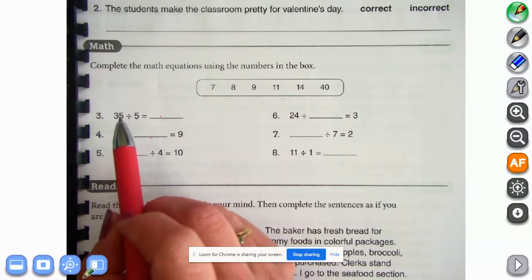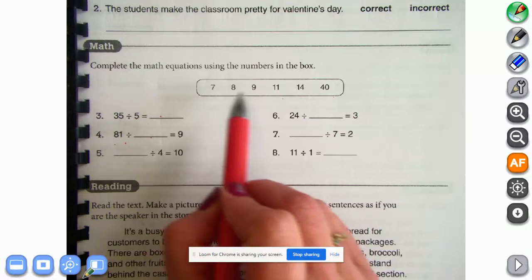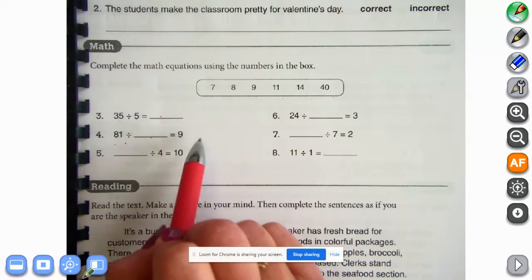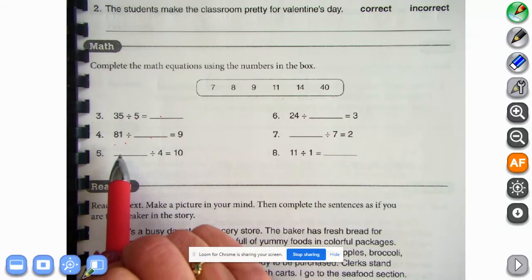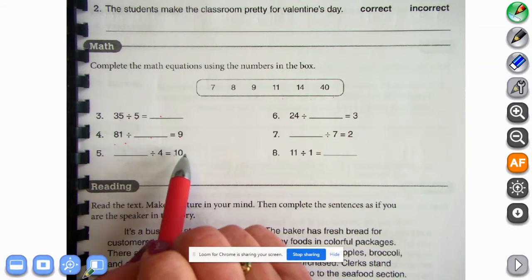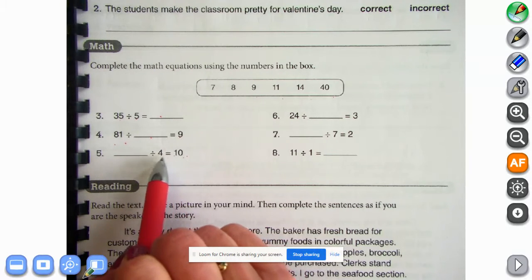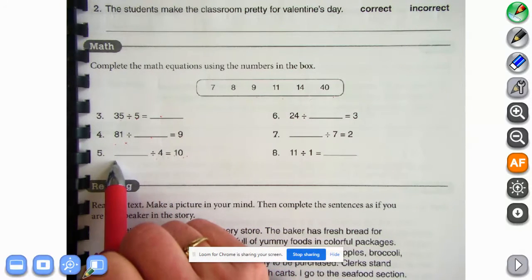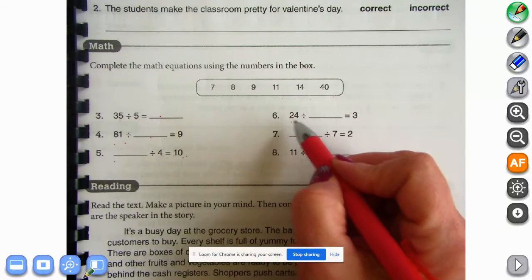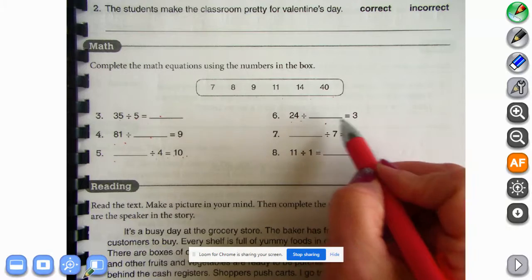Okay, so which one is the divisor? Which one we're dividing by? The opposite would be 9 times what is 81? Blank divided by 4 equals 10, or 10 times 4 equals, which one's the dividend? 24 divided by what divisor is 3?